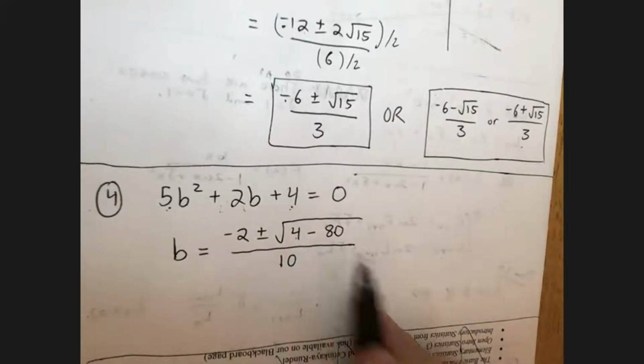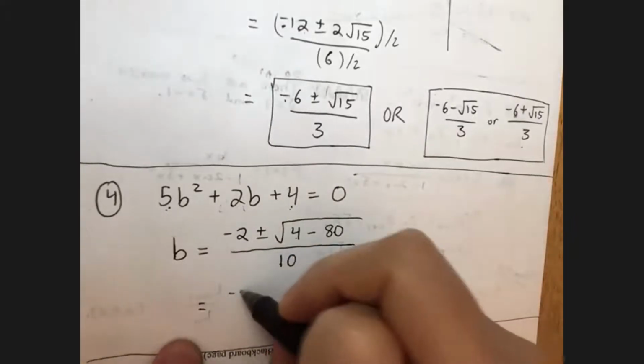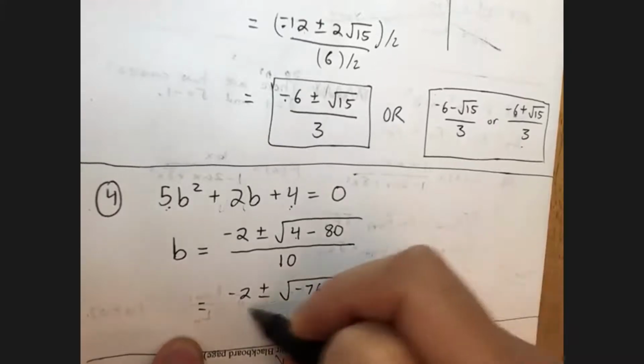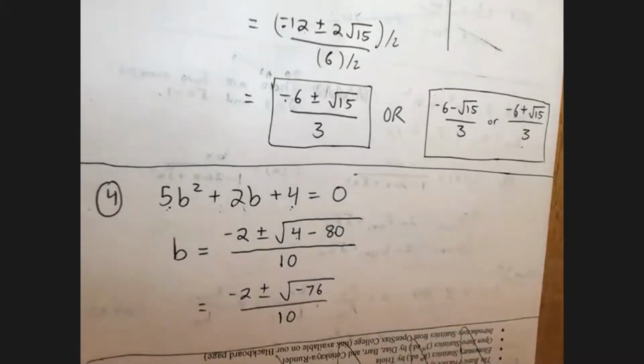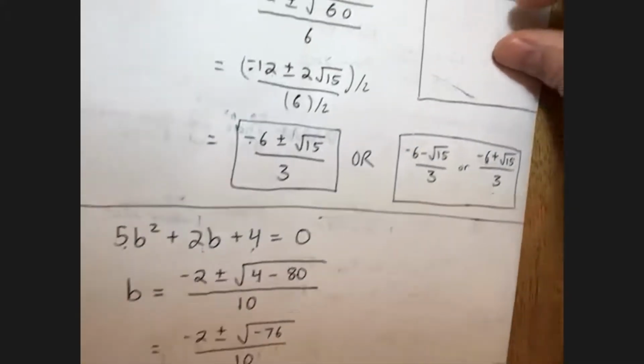What's 4 minus 80? Well, that's negative 76. All right, well, let's simplify root negative 76. We're running out of space, so I'm going to go way up here.